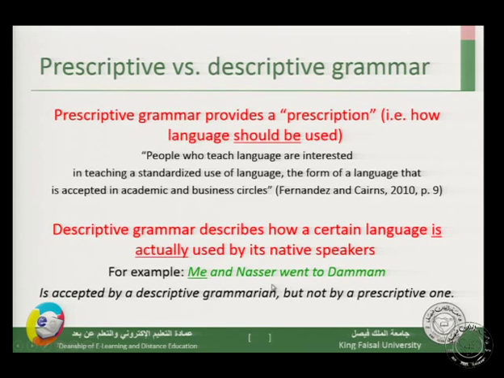So here we have two types of grammar: prescriptive grammar and descriptive grammar. Normally, teachers are interested in prescriptive grammar. So English teachers, for example, are interested in teaching their students how language should be used. But linguists, on the other hand, are interested in describing how language is actually used.